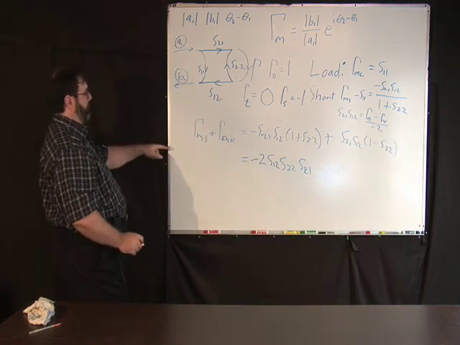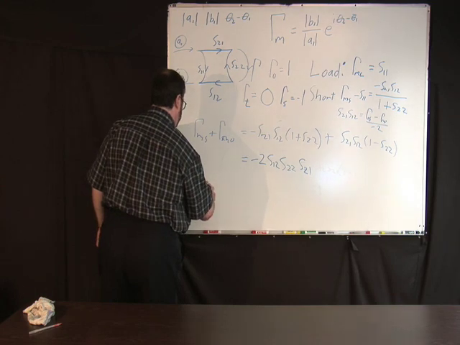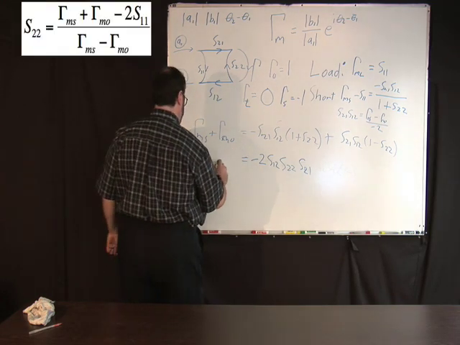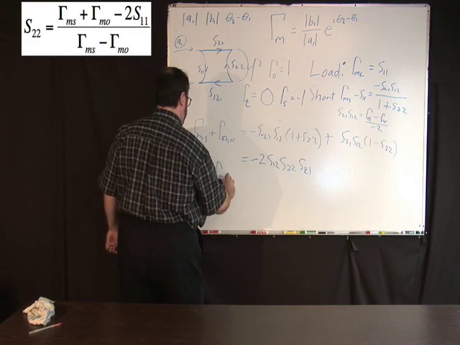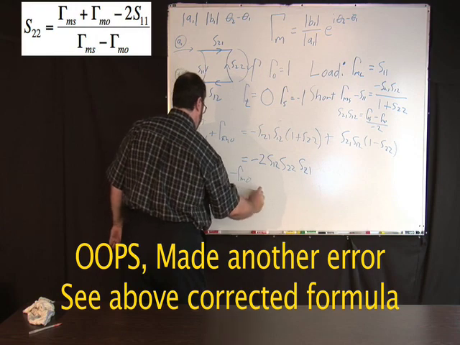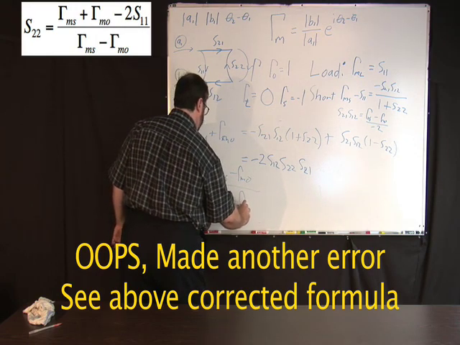Well, so if you do this combination, you get S22 equals basically gamma measured short minus gamma measured open over gamma measured short plus gamma measured open.